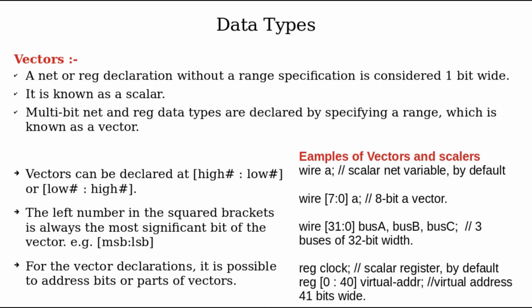Similarly, some other examples are present here. Vectors can be declared by using a range as MSB and LSB in square brackets. The left number in the square brackets is the most significant bit and the other one is the least significant bit. With a vector declaration, it is possible to address bits and parts of a vector.